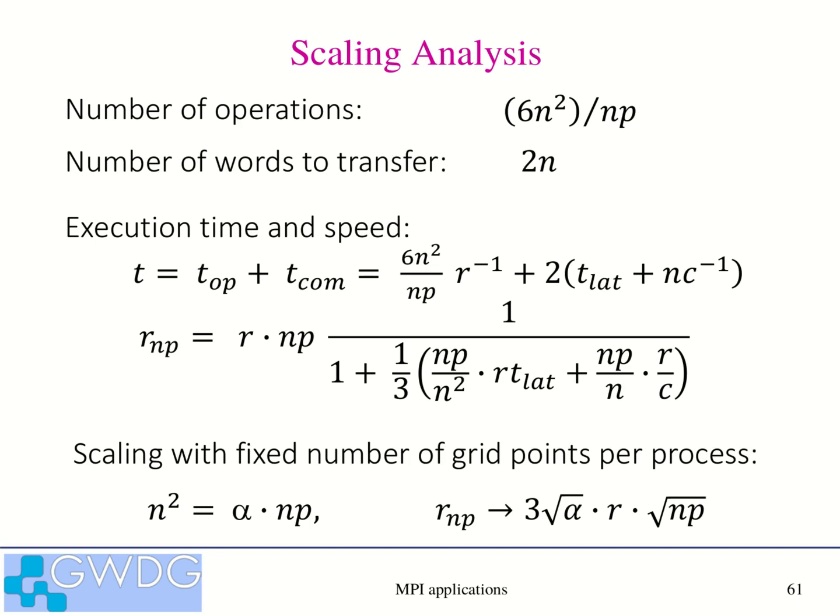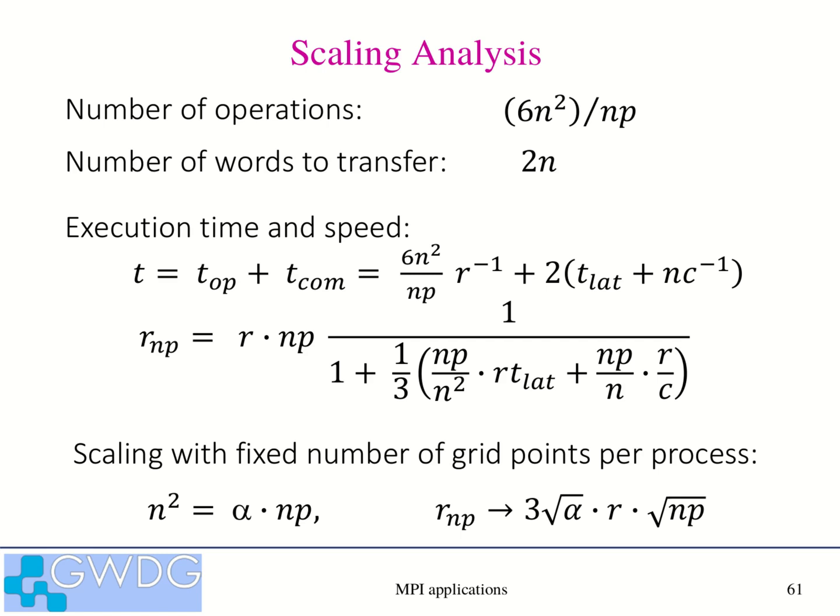So we have a total speed on NP processors, the speed on one process times the number of processors, and then I have 1 over this factor. The total speed is just the number of processes divided by the time. So I do this, I get this formula.